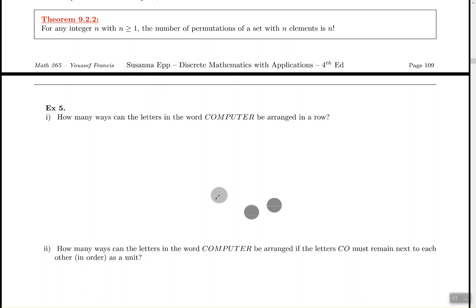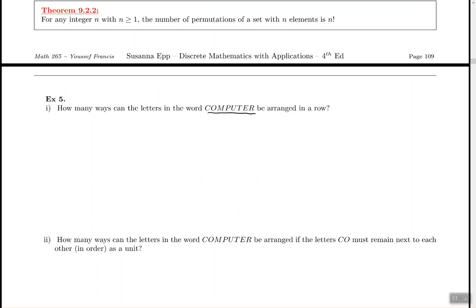If you look at the word computer right now, none of the letters are repeating. And how many letters are there in that word? 1, 2, 3, 4, 5, 6, 7, 8. There are 8 total letters.